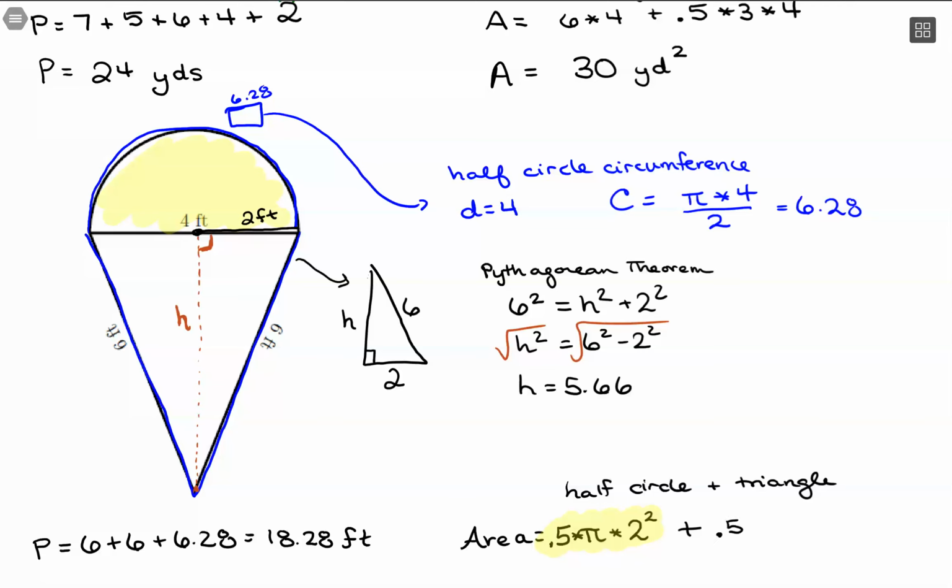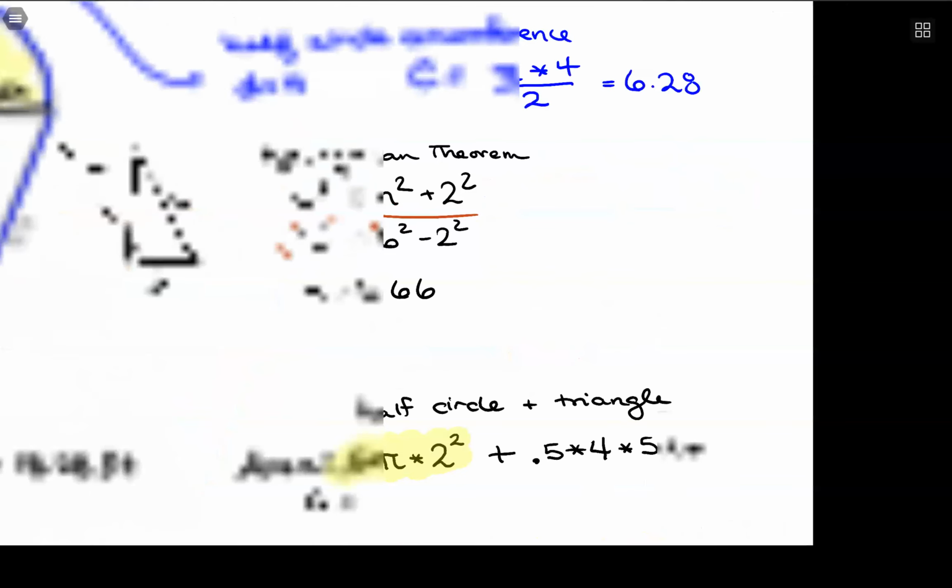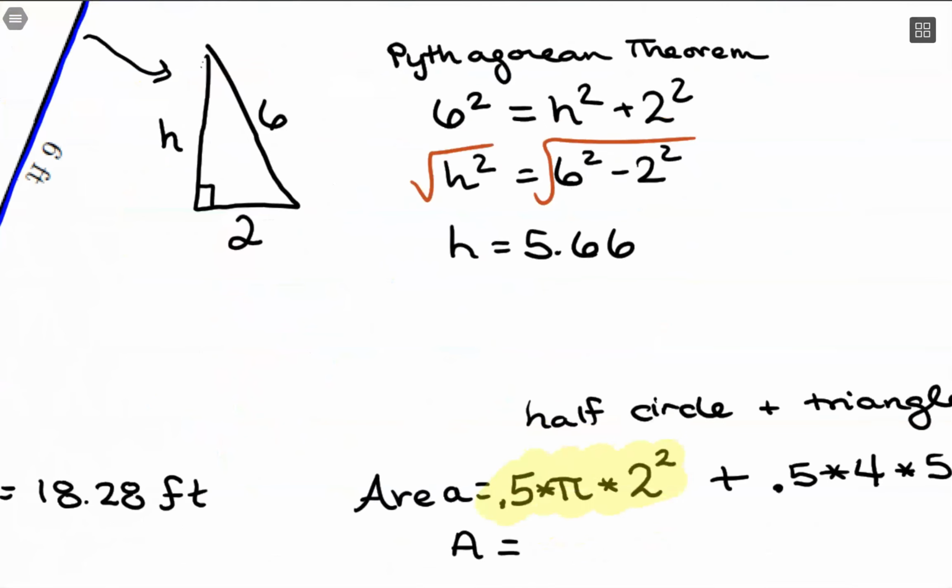So we'll have 1/2 times the base, which the total base of our triangle is 4, times the height, which we just found, which was 5.66. And then throwing that into the calculator, we should get an area of 17.6 feet squared. So that's how we can find the pieces.